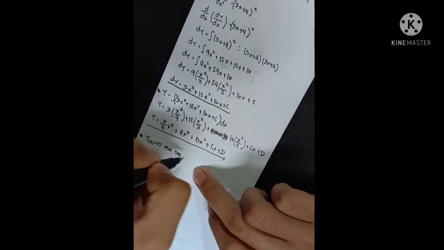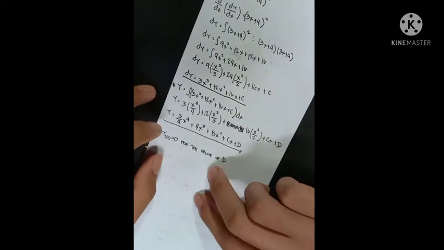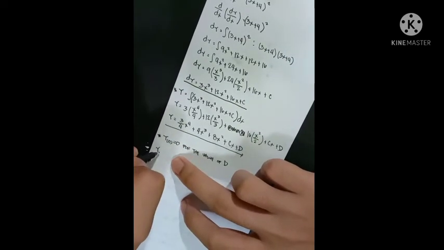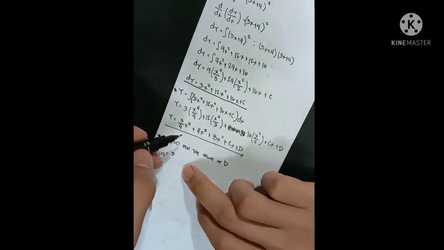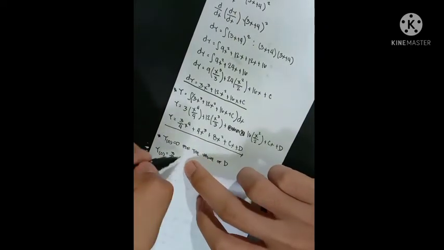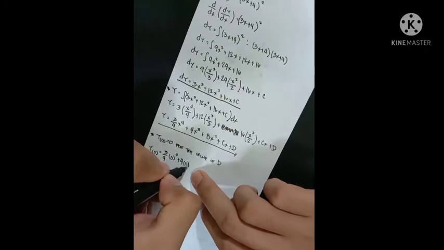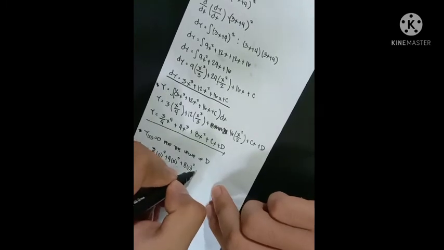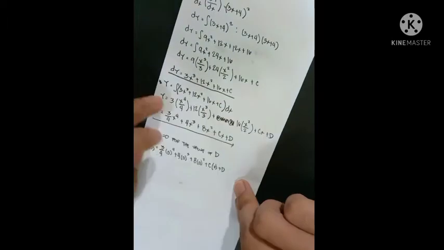From this equation, for y(0): three-fourths times 0 raised to 4, plus 4 times 0 raised to 3, plus 8 times 0 squared, plus c times 0 plus d.